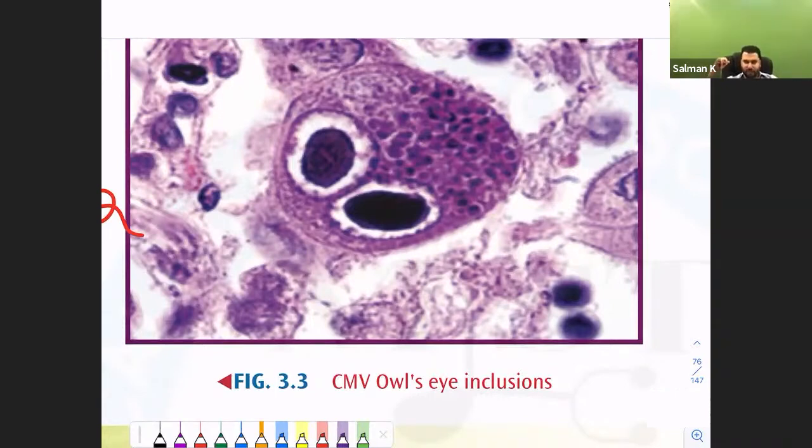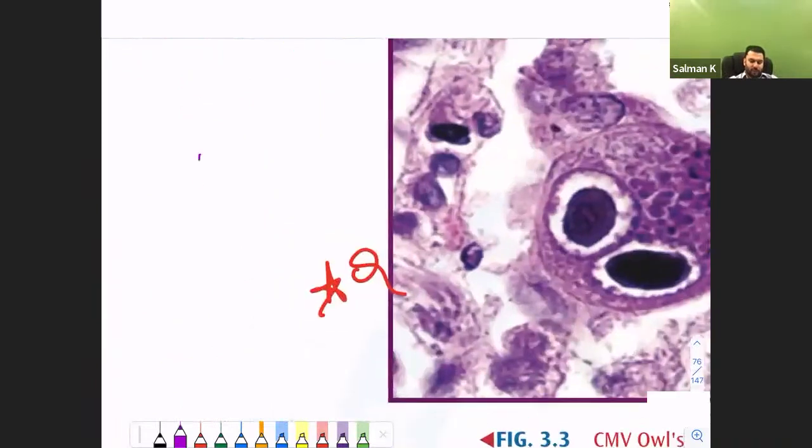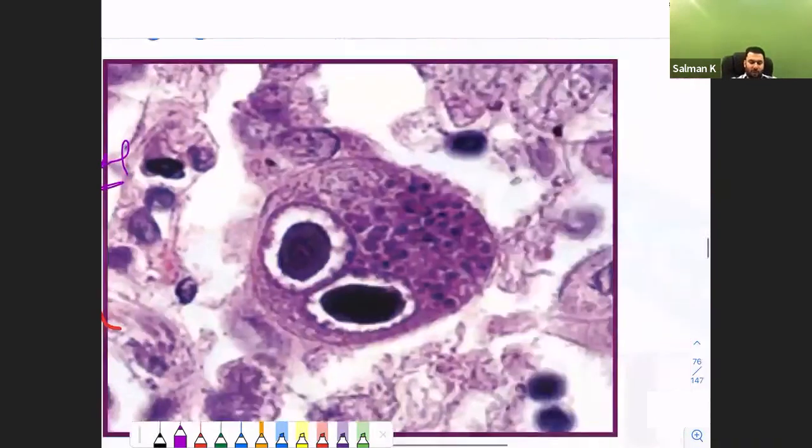What is this one described as? Owl's eye inclusion bodies. Now, these owl's eye inclusion bodies are seen in the nucleus. So intranuclear inclusions will show the owl's eye appearance. Not to be confused, I had told you this before.